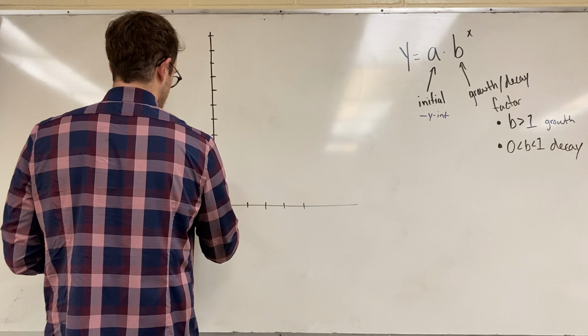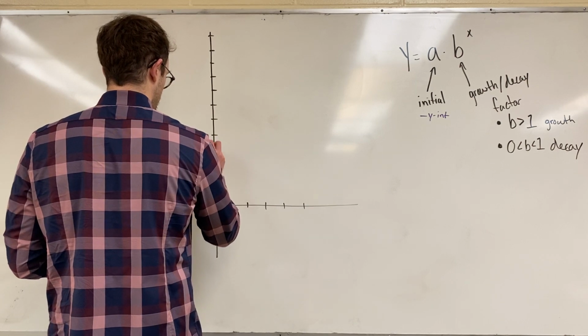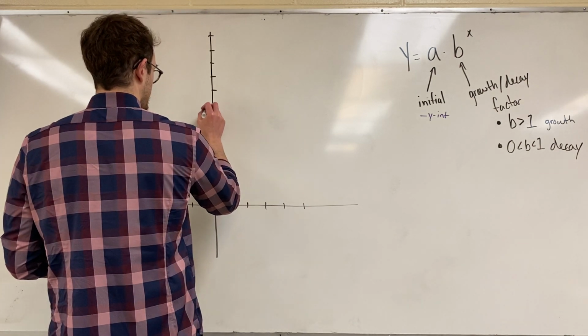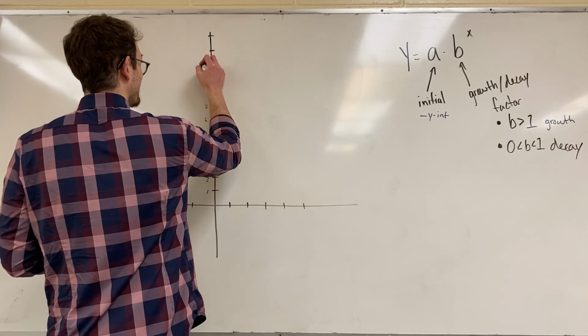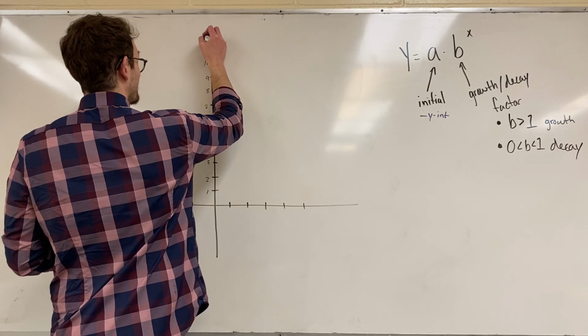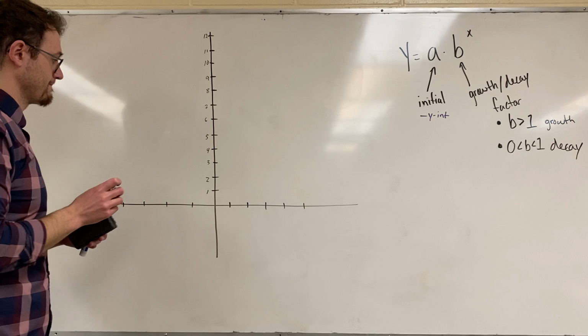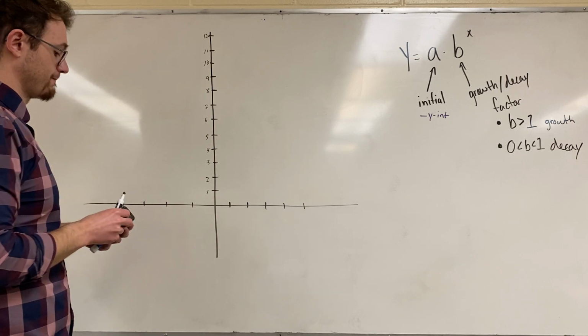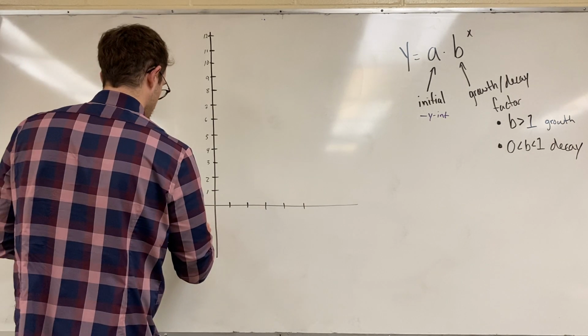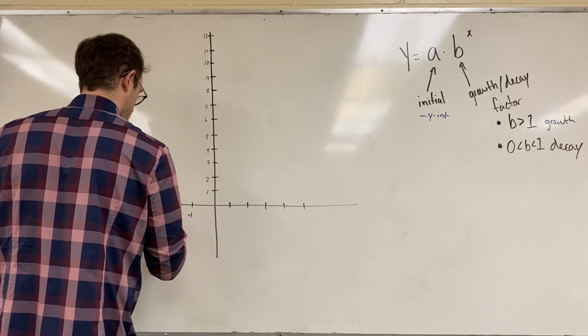We're going to have 1, 2, 3, 4, -1, -2, -3.